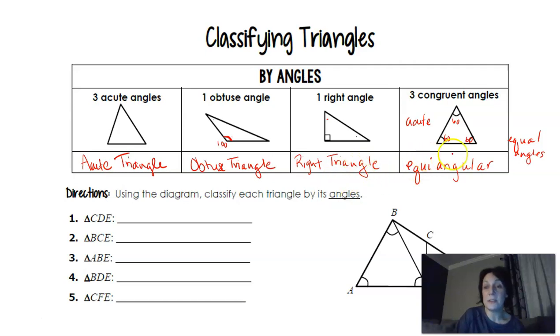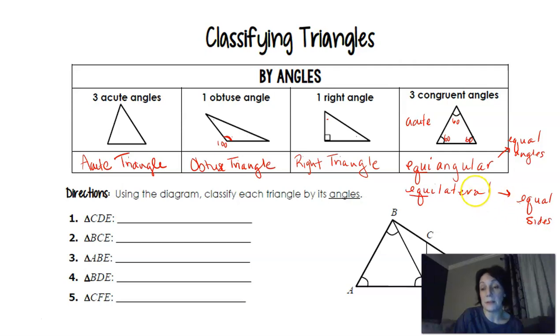But something else that this triangle is, equilateral. And again, equa means equal. Lateral is referring to the sides. So this means equal sides.